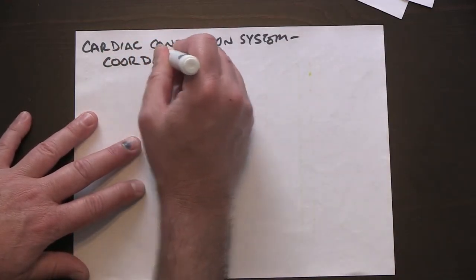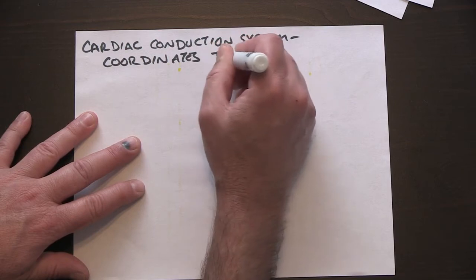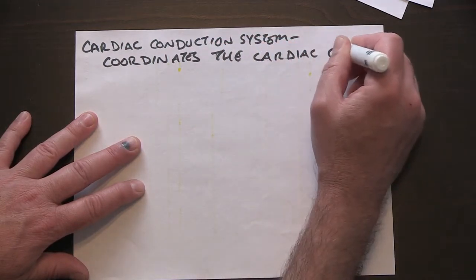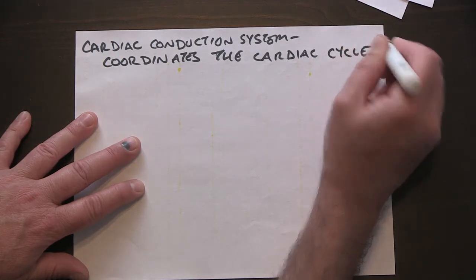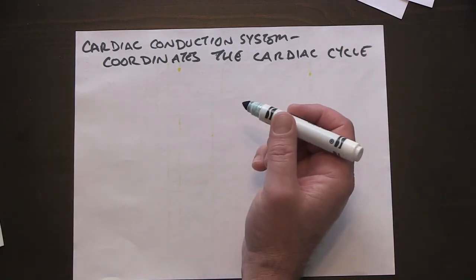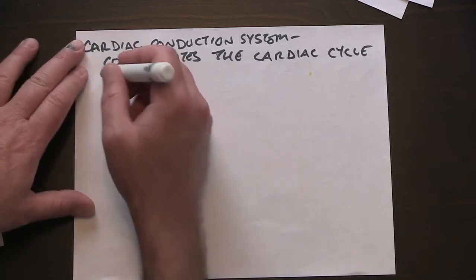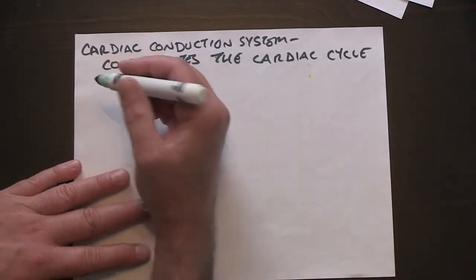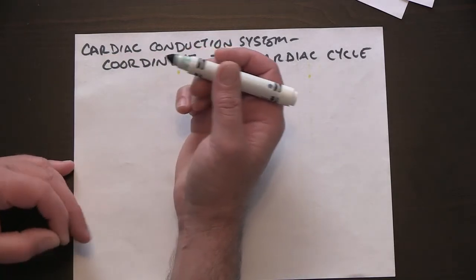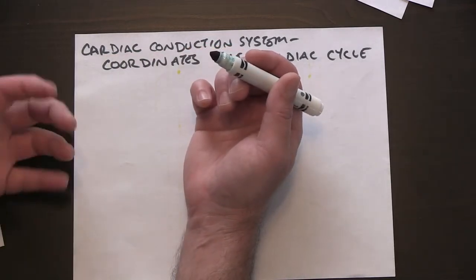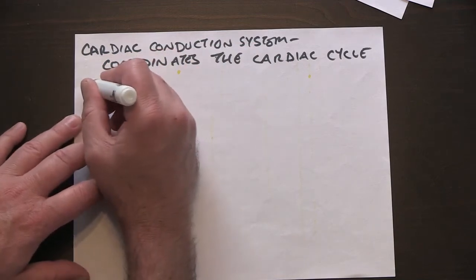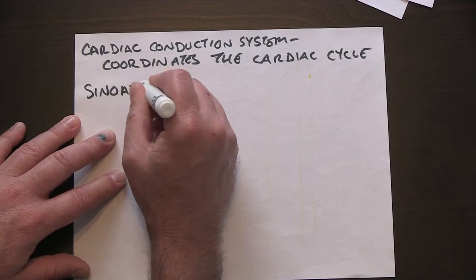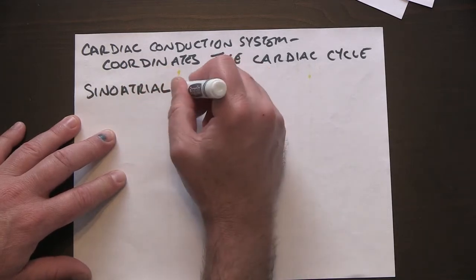This basically coordinates the cardiac cycle. There's a special mass of cells up in the wall of the right atrium called the sinoatrial node.